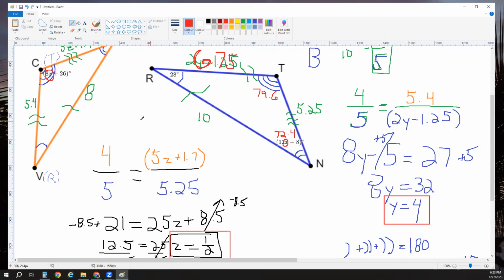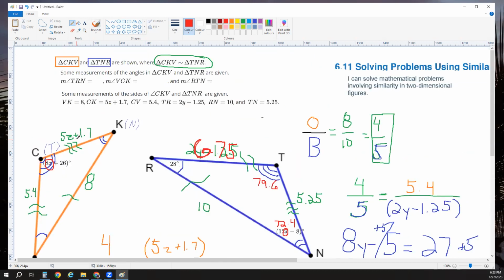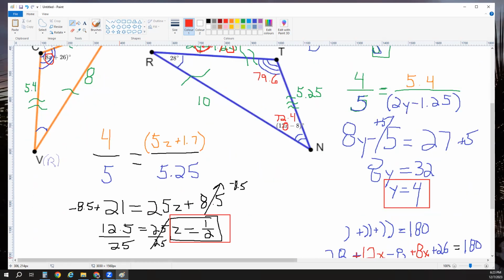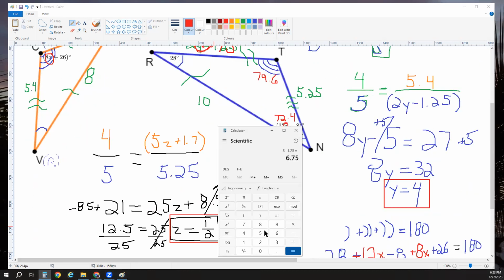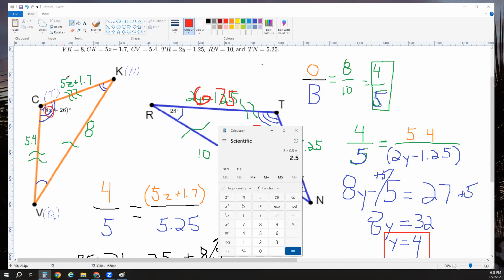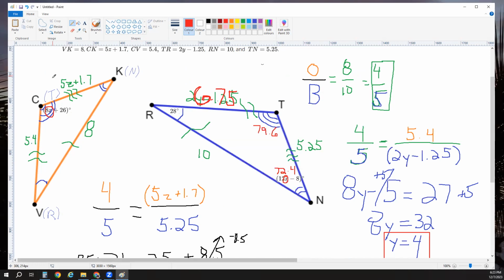Cool. And then that's 2.5, because half of 5 is 2.5. 5 times 0.5, that's my Z value, right? And then plus 1.7. That's going to be 4.2.